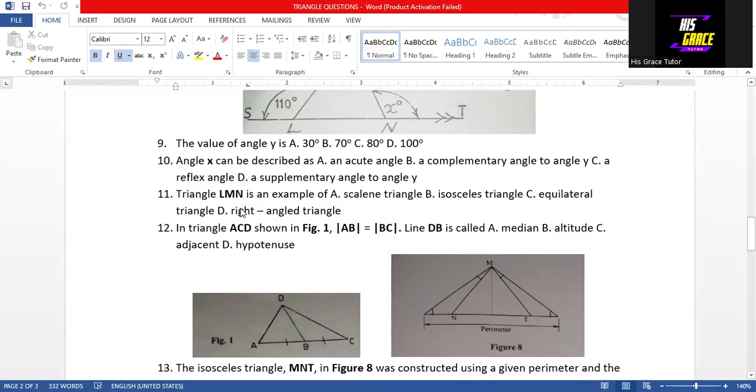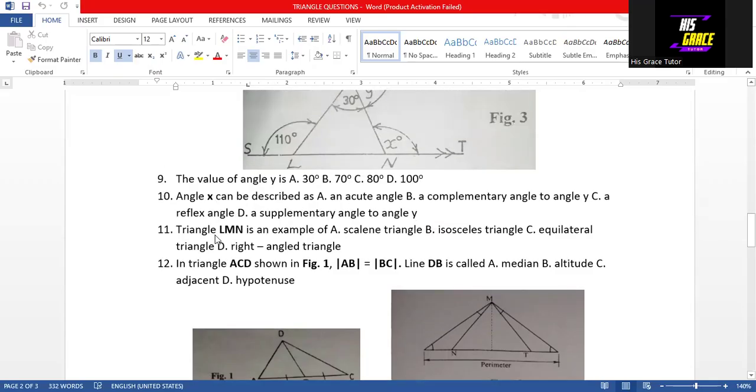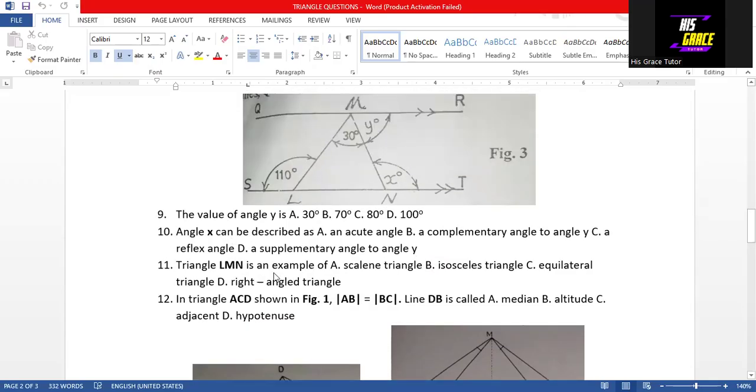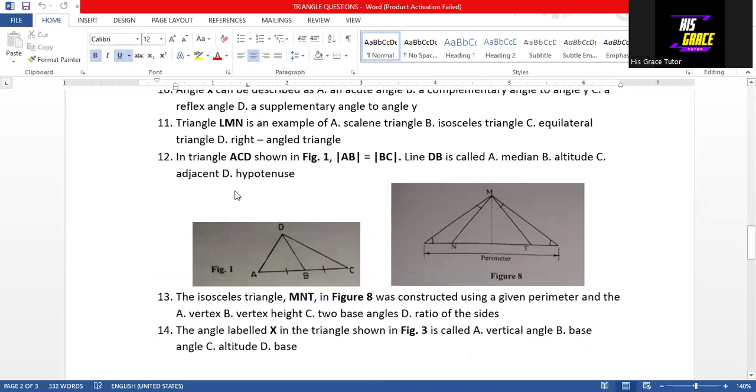Then question 11 says that triangle LMN is an example of a scaling triangle. So the answer is option A here. And question 12 says that in triangle ACD shown in figure 1, AB is equal to BC, line BD is called the median.